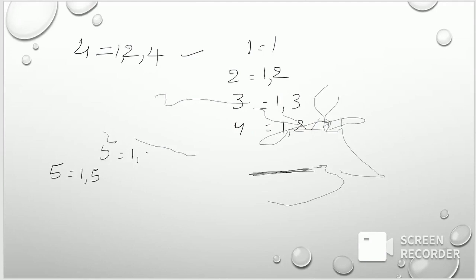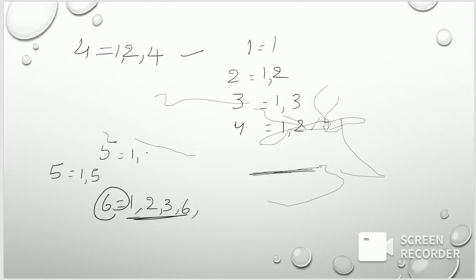That means 5 is not divisible by other numbers. If the number is 6, it is exactly divisible by 1, 2, 3, 6. These four numbers 1, 2, 3, 6 are the factors of 6.